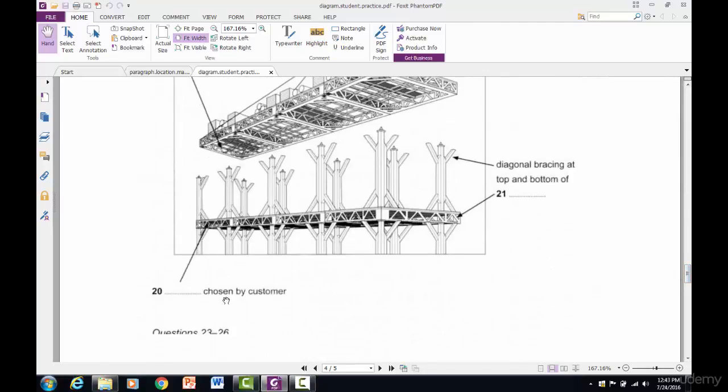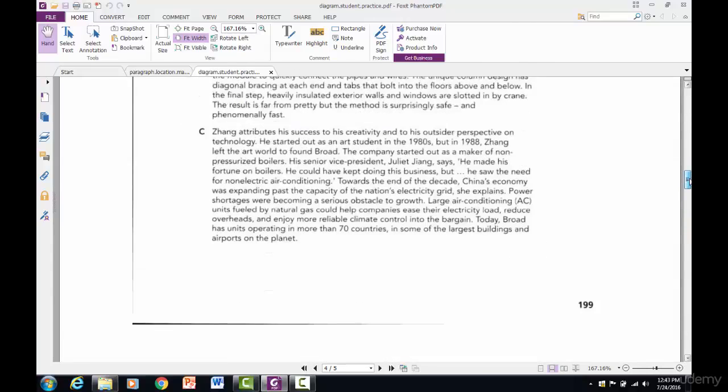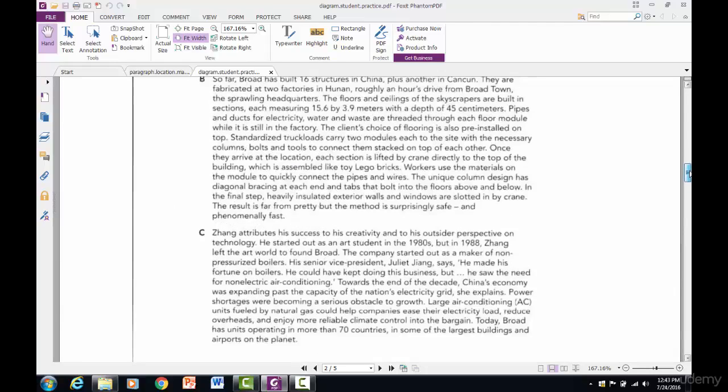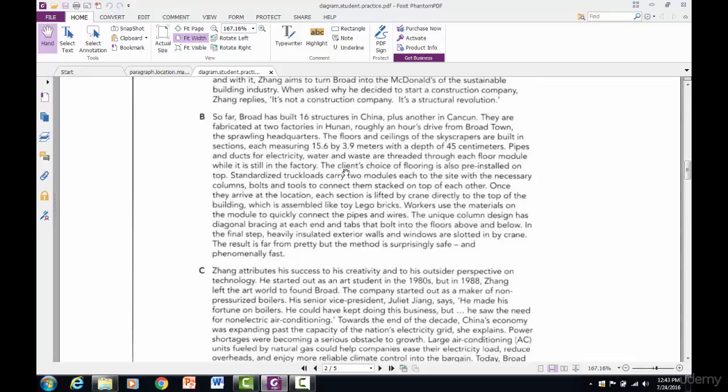Next, we're looking for something chosen by the customer. And I'm going to assume that this question goes in order because, like I said, the vast majority of the time, that's what it does. Oh, here it is right here, right afterwards. It says the client's choice, right? Client's choice, chosen by the customer, synonym language, right?